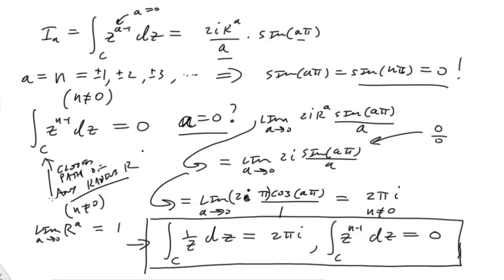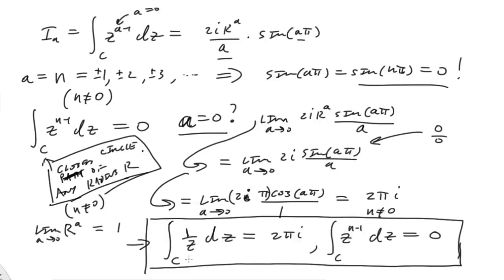So again, this is a closed path around 0. It's a closed circle of any radius, and we'll be using this result frequently in the future.